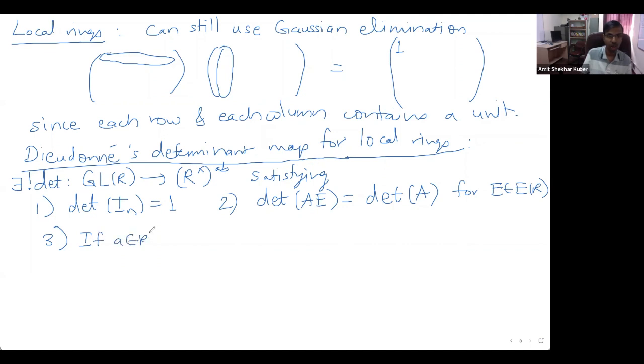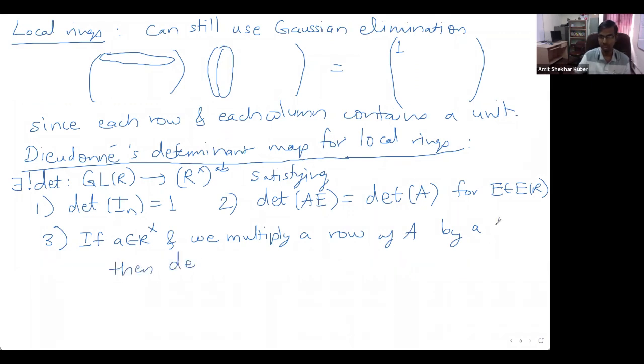The third property is, if A belongs to R cross and we multiply a row of a matrix by A to get B, then the determinant of B is A bar times the determinant of the original matrix. This is the map that somebody was talking about some time ago.